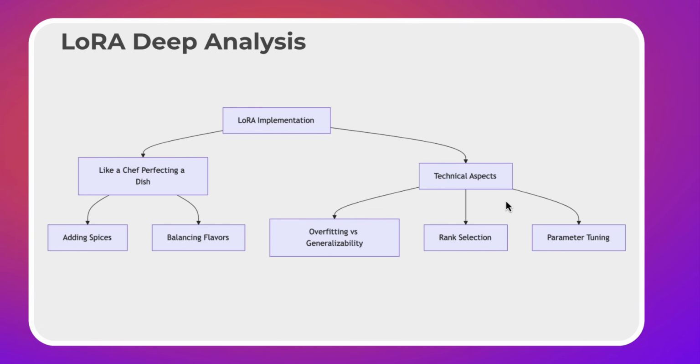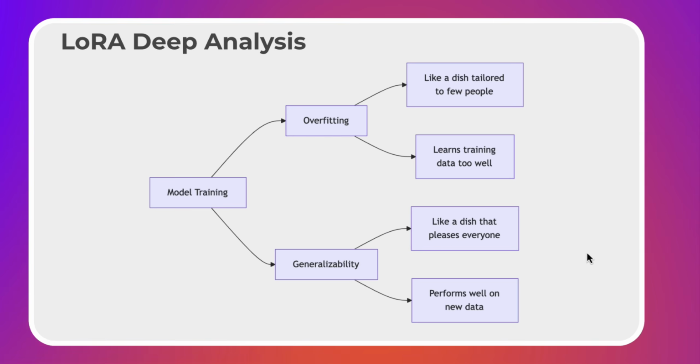The technical aspects of that are overfitting versus generalizability, and rank selection and parameter tuning. Now, lots of words here, but it's okay, we'll dive into them. When we look at model training, we have the overfitting side of things and the generalizability. So using this analogy, overfitting is like a dish tailored to a few people.